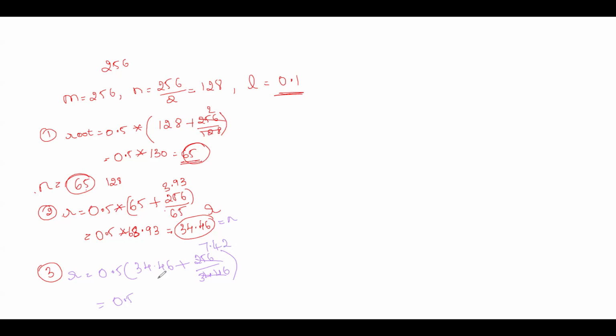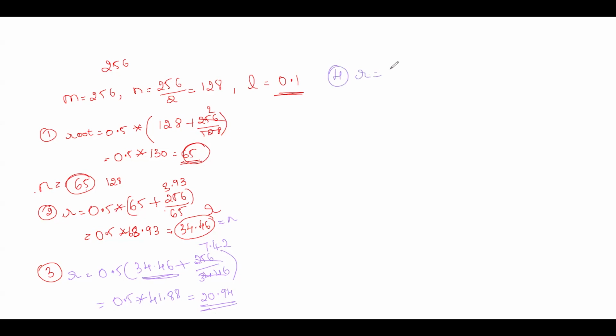So 7.42 plus 34.46 is 41.88, and 0.5 into 41.88 is 20.94. This is my new root value, and my n value was 34.46. Once again, there is a difference which is more than 0.1. Hence, I have to move on to the fourth iteration.